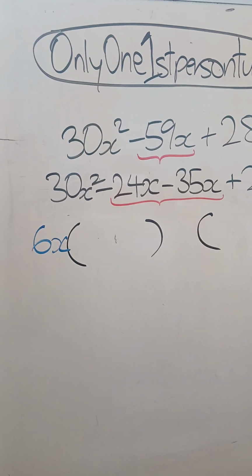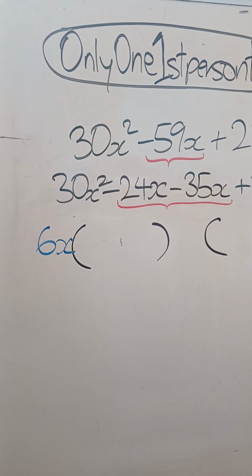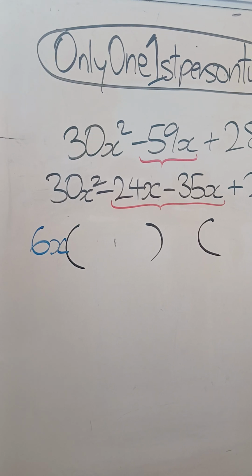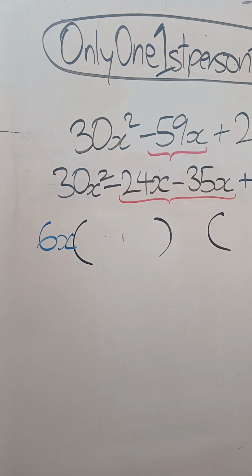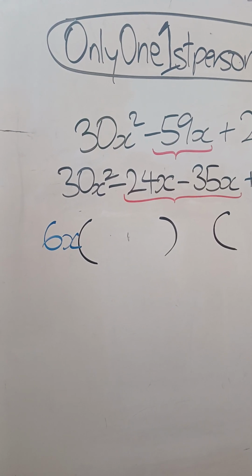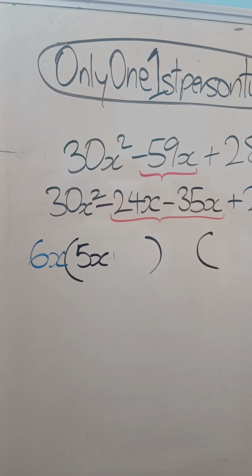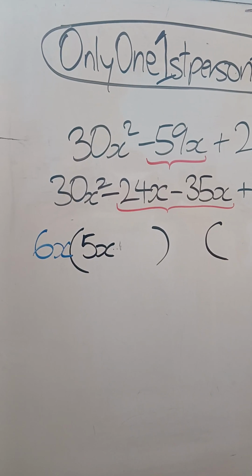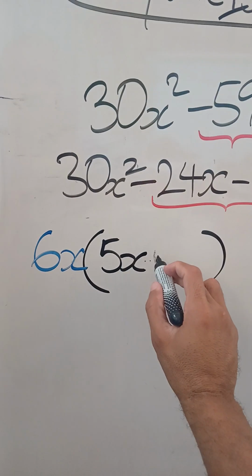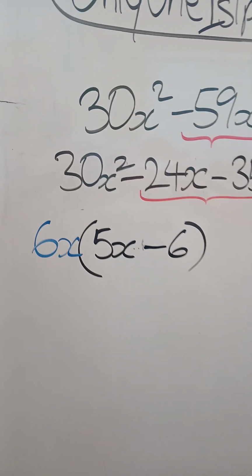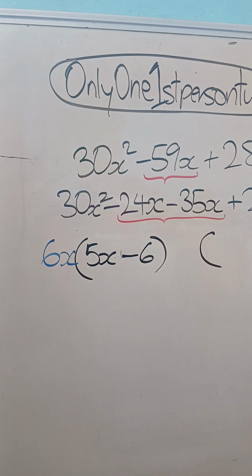Yeah? Because after all, x is the HCF of x and x squared, right? Now let's divide 30x squared by 6x. All right, so you end up with 5x, and now divide minus 24x by 6x. It's going to leave you with... Wait, hold on.